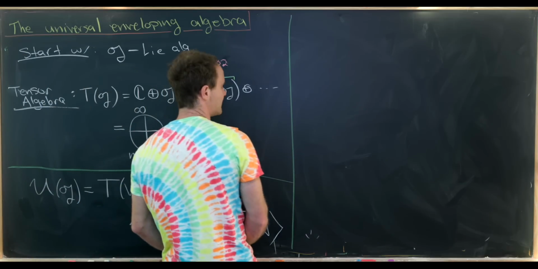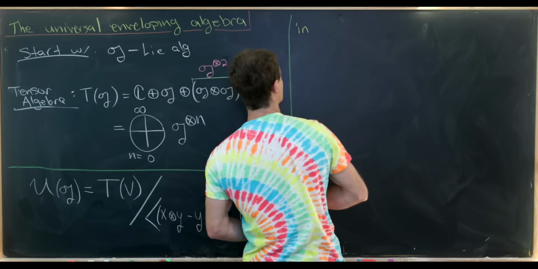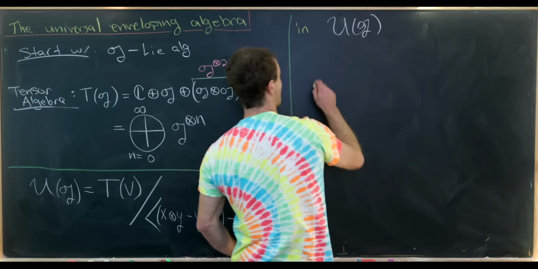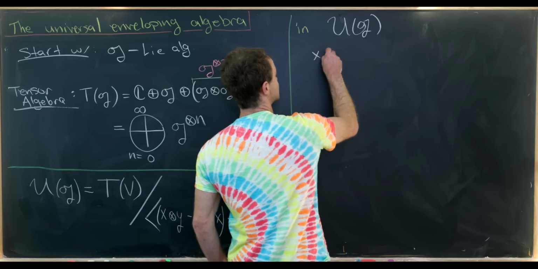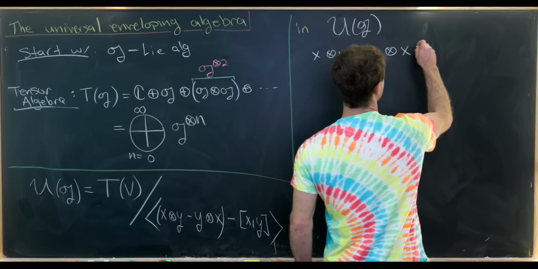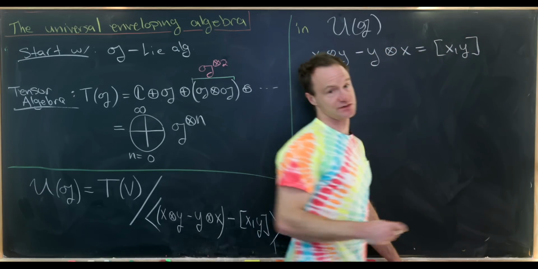So let's maybe put that as a little bit of a summary over here. So in U of G, what we have is that X tensor Y minus Y tensor X is in fact equal to bracket XY.